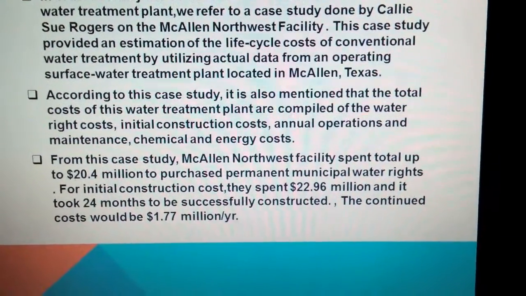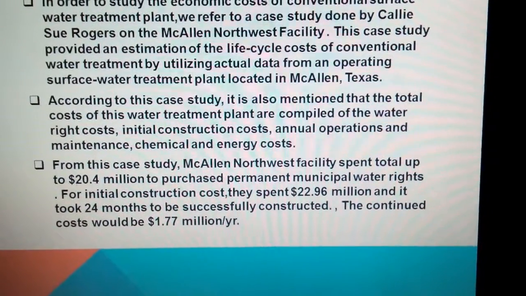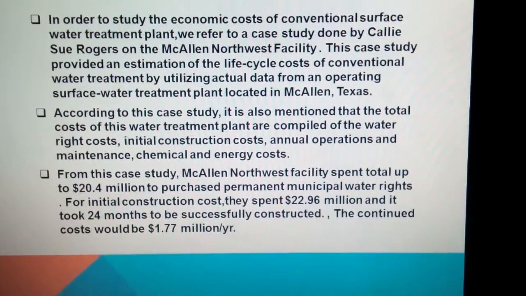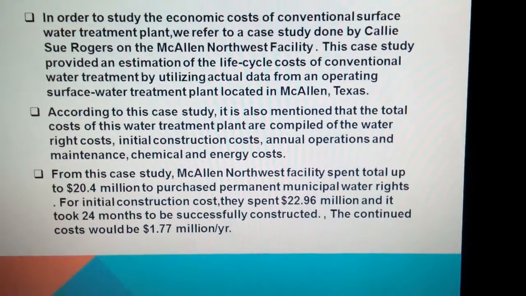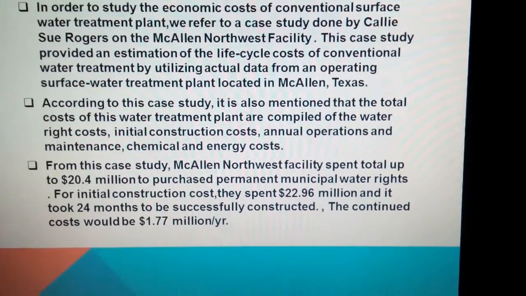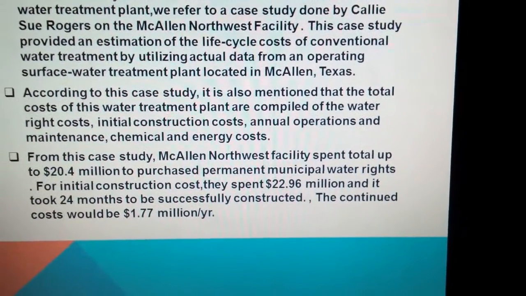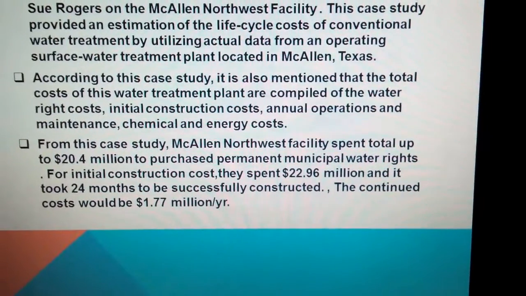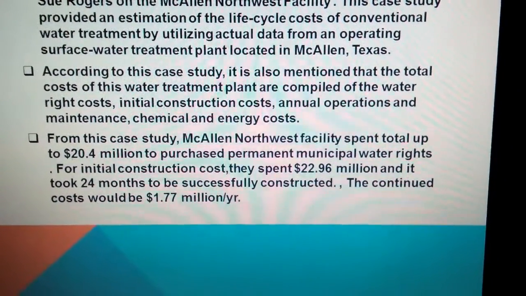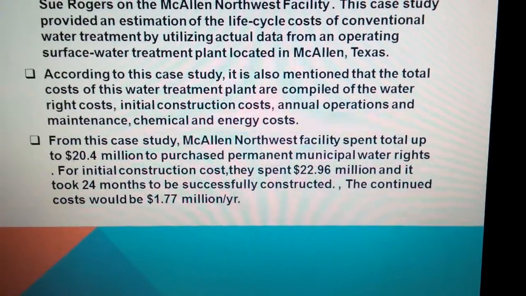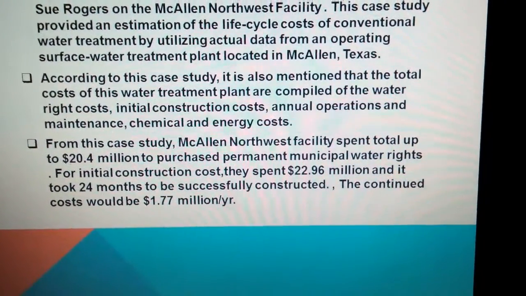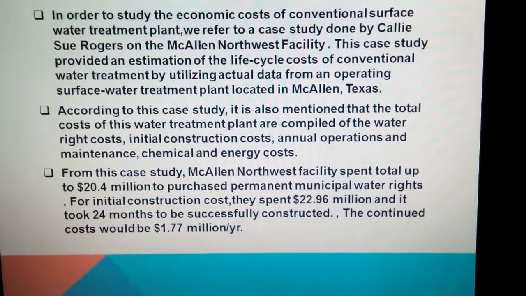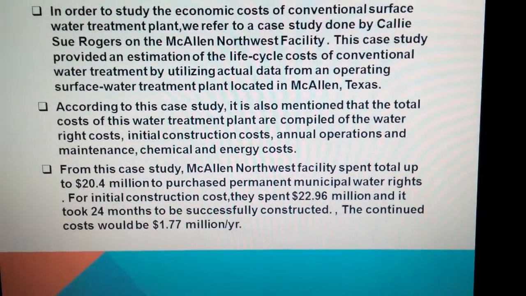From this case study, the McAllen Northwest facility spent a total of $20.4 million to purchase permanent municipal water rights. For initial construction costs, they spent $22.96 million, and it took 24 months to be successfully constructed. The continued cost would be $1.77 million per year.